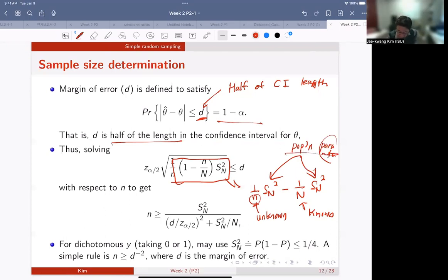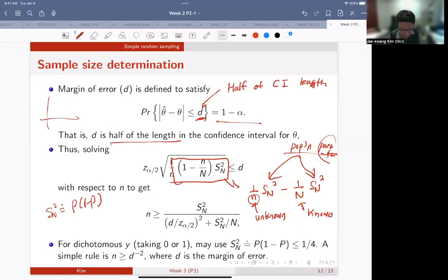This is usually unknown, but in the case of binary, this guy is roughly p times (1 minus p). So if you think of this graph, the maximum occurs at p equal to 0.5, which is a maximum of 1 over 4.